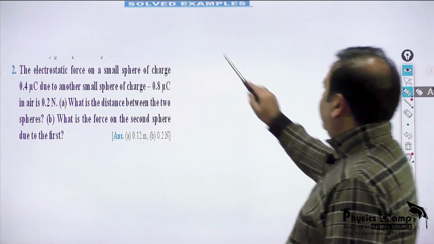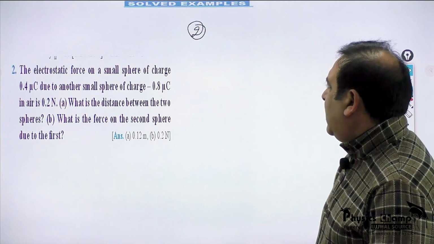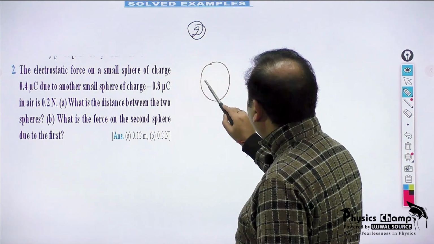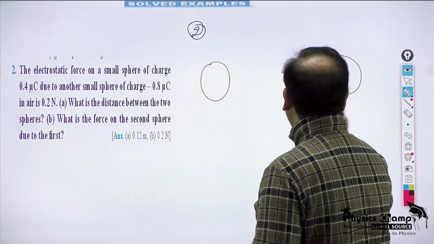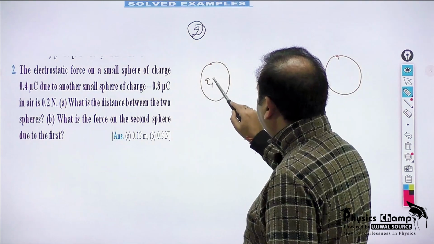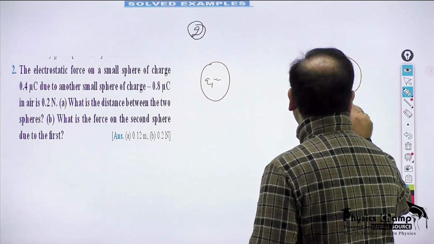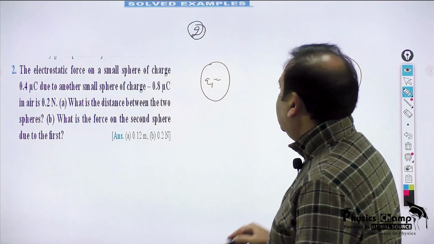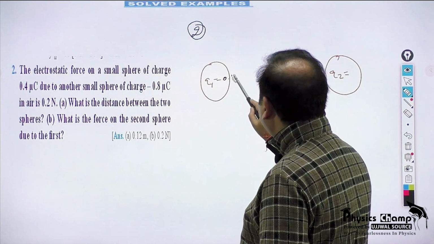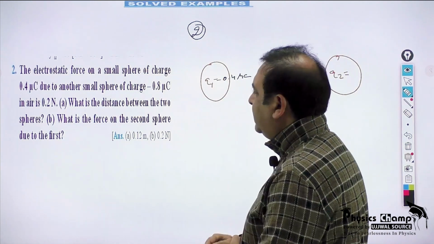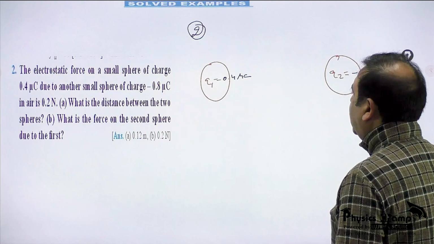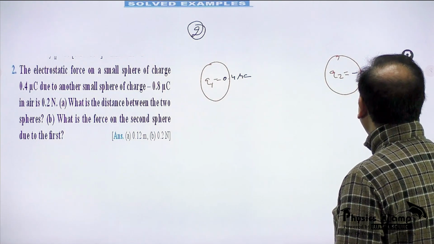Question number 2, in the same way, is about two small spheres. You have a first sphere and another sphere. One has a charge q1 and the other has a charge q2. The two charges are 0.4 microcoulomb and minus 0.8 microcoulomb.